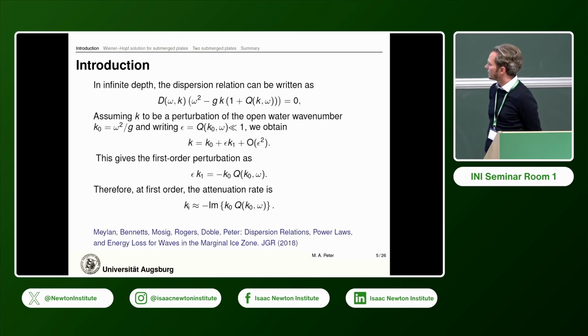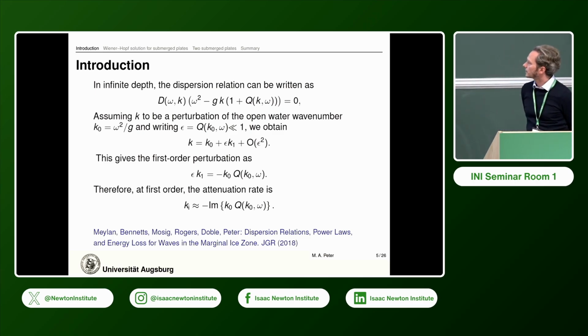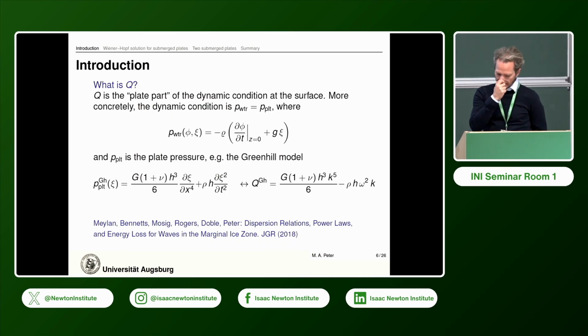It's negative the imaginary part of k0, which is omega squared over gravity, times this q thing, which is part of the dispersion relation. And if you do that, you can do that very nicely for different models.